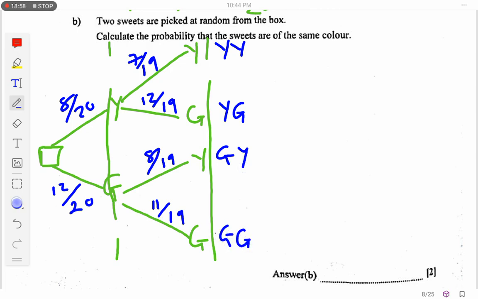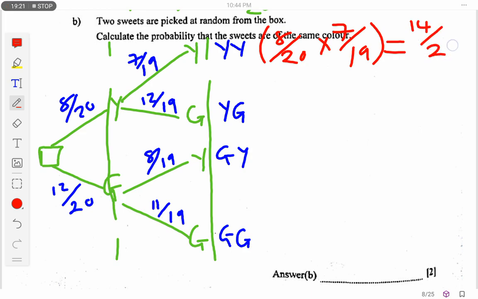Okay, so the question is asking us the probability of same color. So we want yellow, yellow, and green, green. Probability of yellow, yellow, and green, green is going to be, for yellow, yellow, we multiply. So here it's going to be 8 over 20 times 7 over 19. We get here 14 over 25.